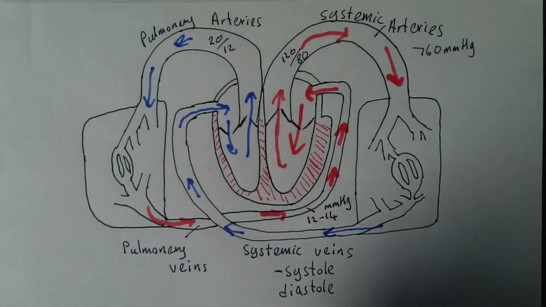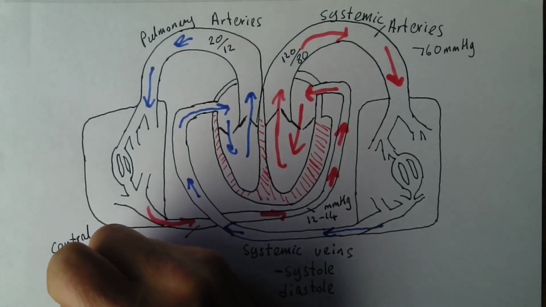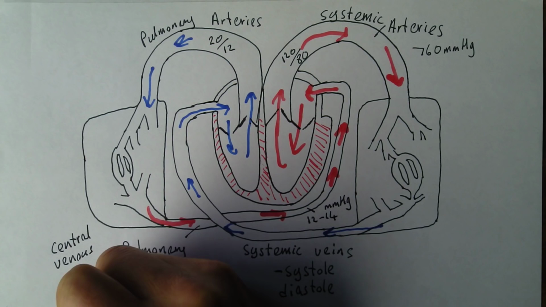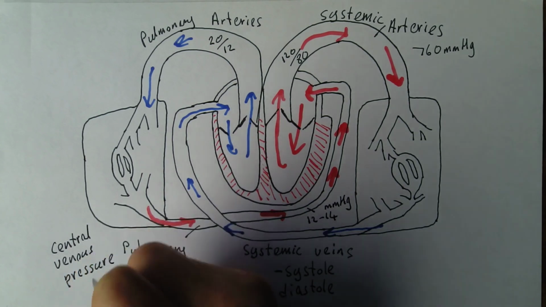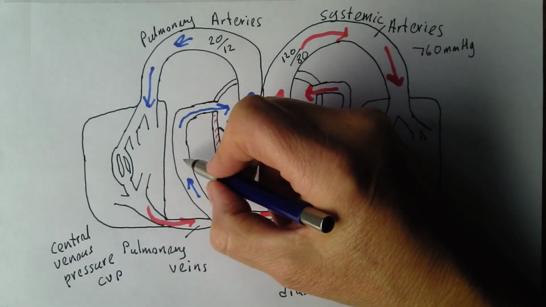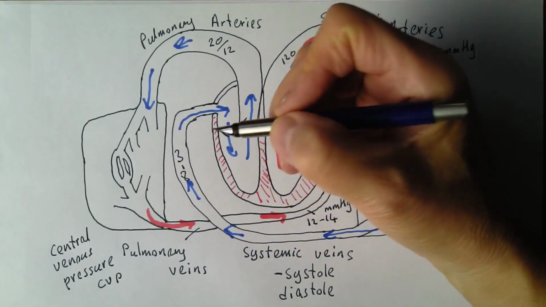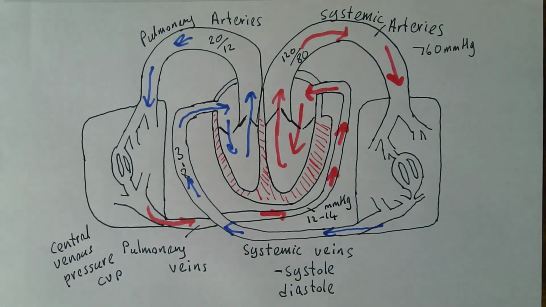And there's another pressure called the central venous pressure, the CVP. In the large veins here, and that might be 3 to 8 millimetres of mercury. 3, 4, 5, 6, 7, 8 millimetres of mercury, that kind of range.